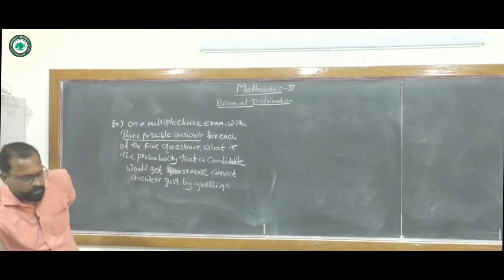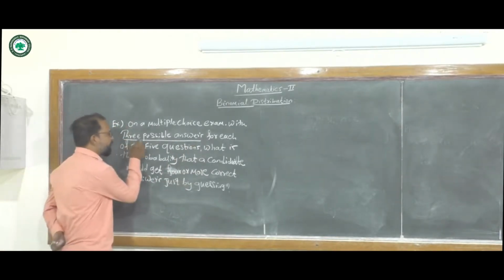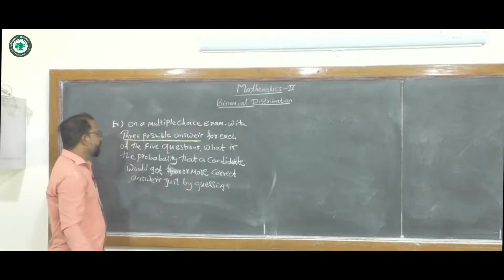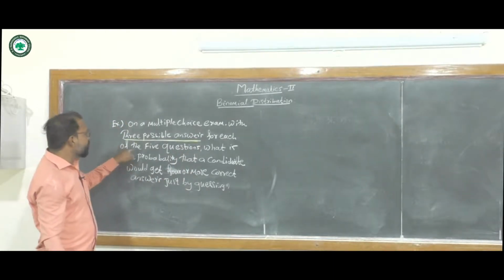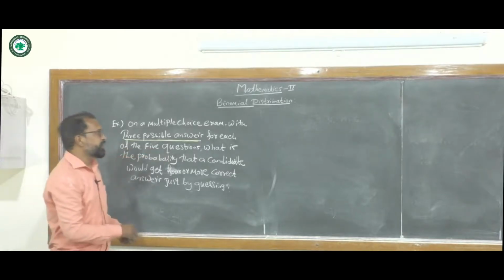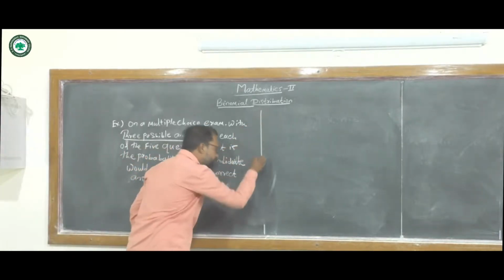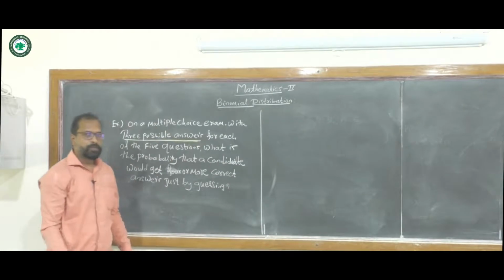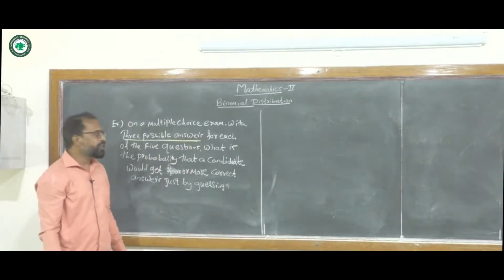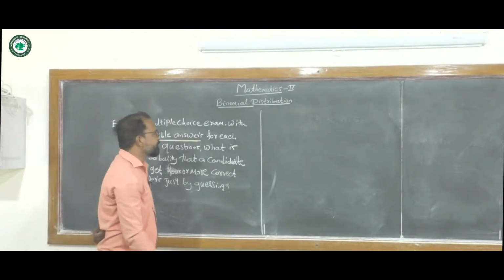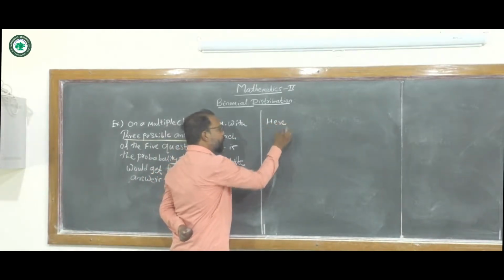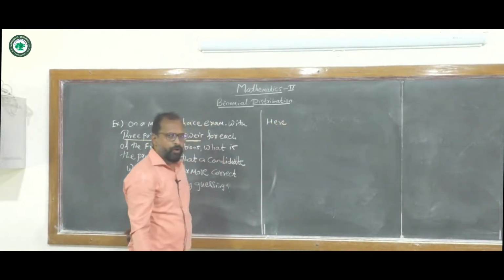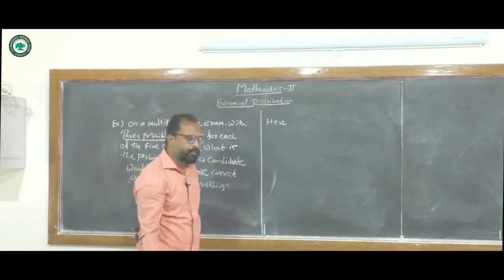For each of the 5 questions, we are given 3 alternatives, and out of those 3 alternatives, one is the correct alternative. So here total alternatives are 3, out of which one is correct.